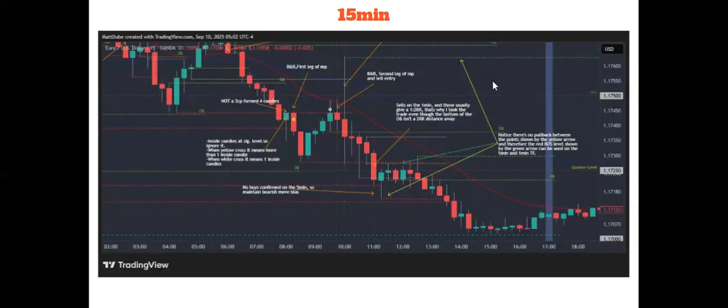So now we have this green line right here and this red line right here. This marks the high and the low on my 15-minute time frame. So it's very important because when we're looking at our highs and our lows, this previous low still has significance on the 5 minute time frame and the 1 minute time frame.